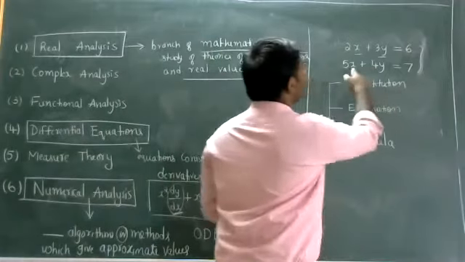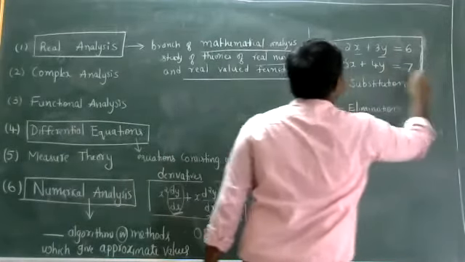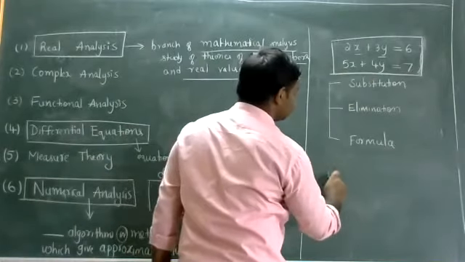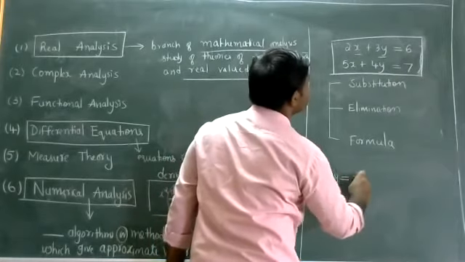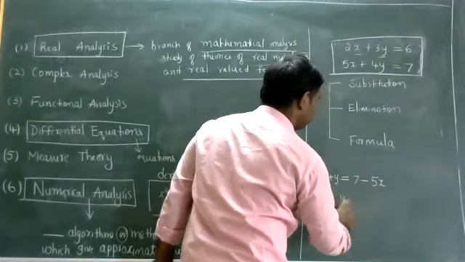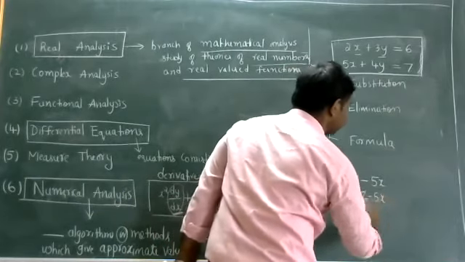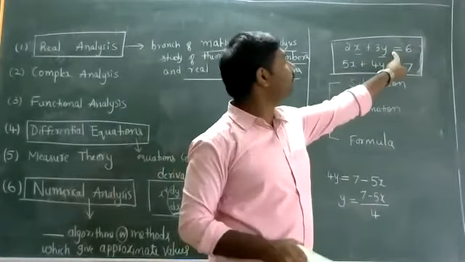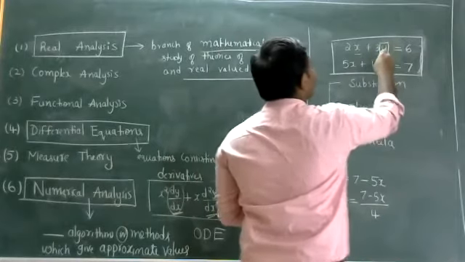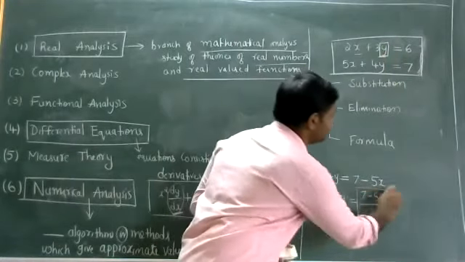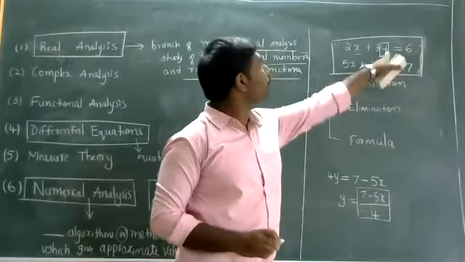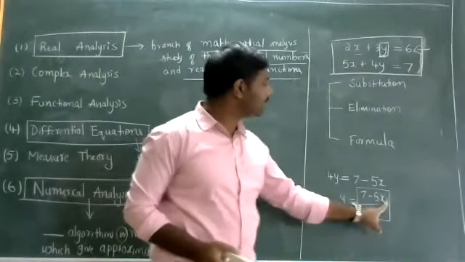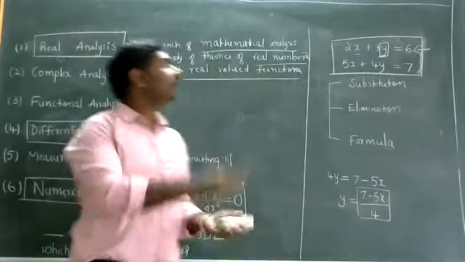Substitution method means, for example, in the system, I take the second equation and write it in terms of y. 4y equals 7 minus 5x, or y equals (7 minus 5x) by 4. If I substitute this value of y in the first equation, in place of y, then the first equation gets converted into an equation in only one variable, that is x, which can be solved by transposition.